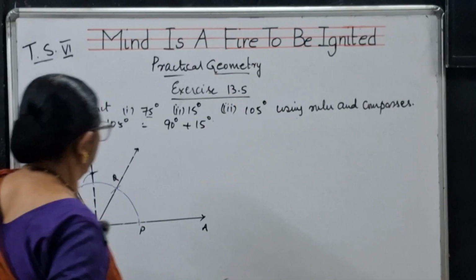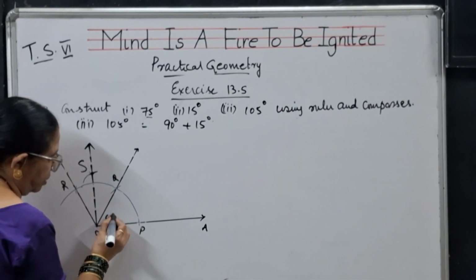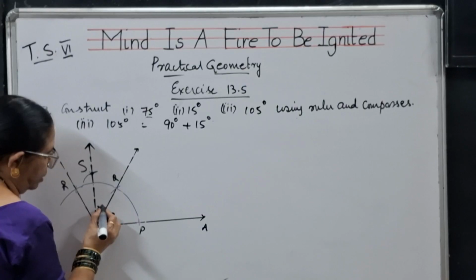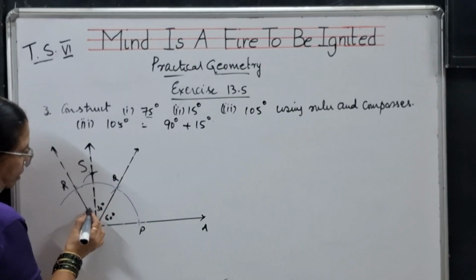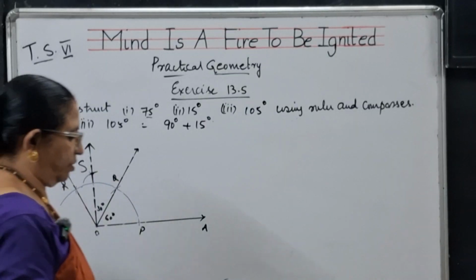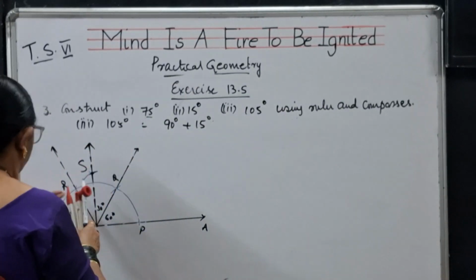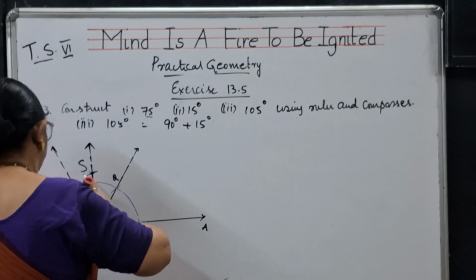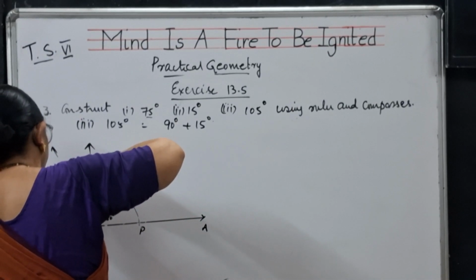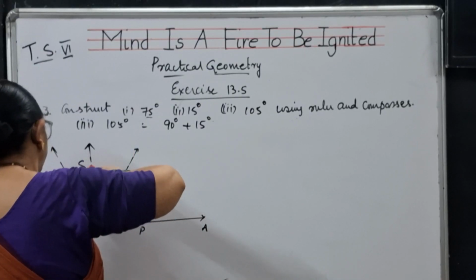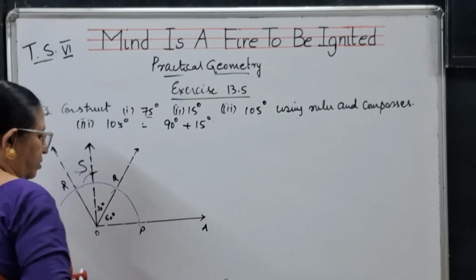Now 90 plus 15. Say children, this is 60 degrees. This is 30 degrees. Now this is another 30 degrees. This 30 degrees I should bisect. So again with R as a center, more than half of RS, one arc here and with this point as center, another arc.